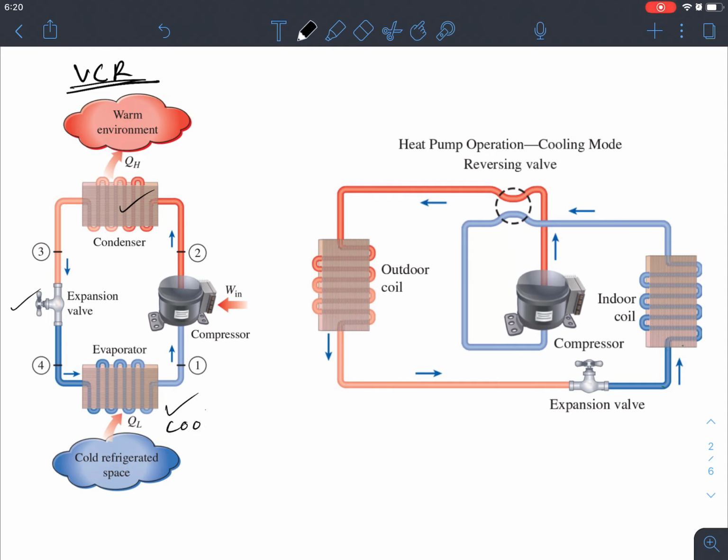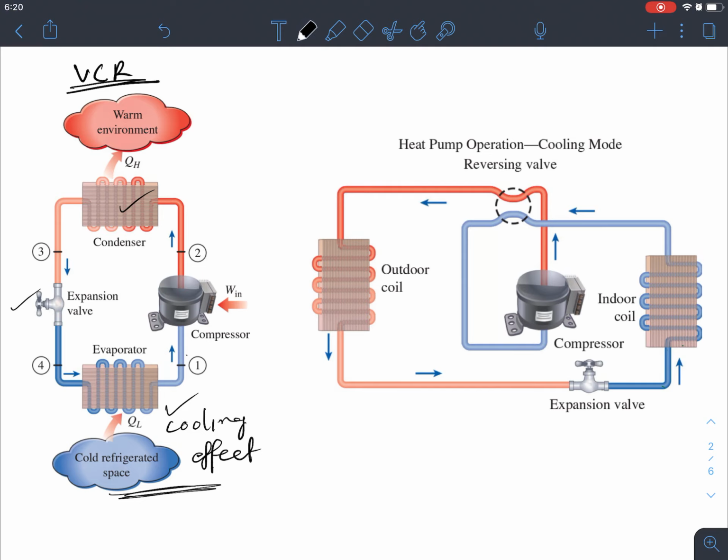How? It absorbs the heat from the refrigerated space, the liquid is converted to gas, and that gas is pumped through the compressor. That's the place where the cooling effect is produced.